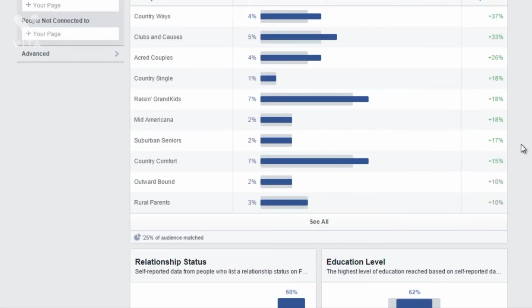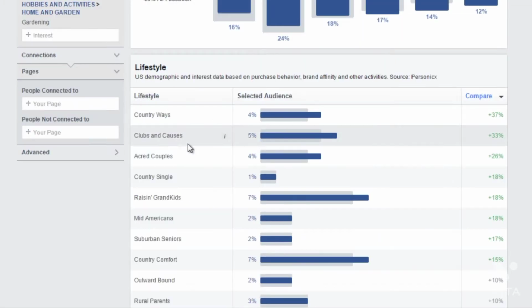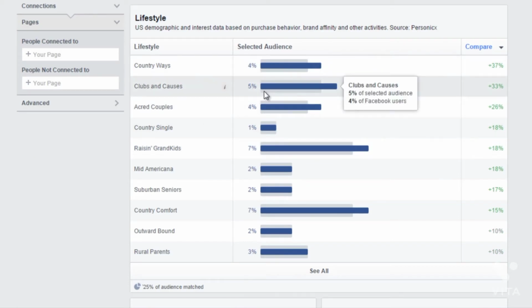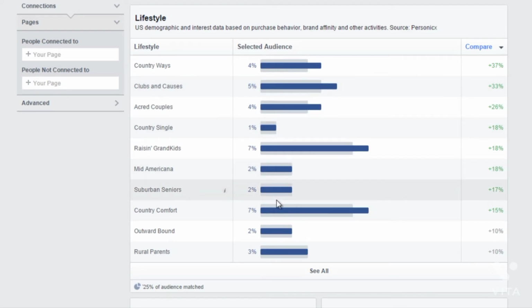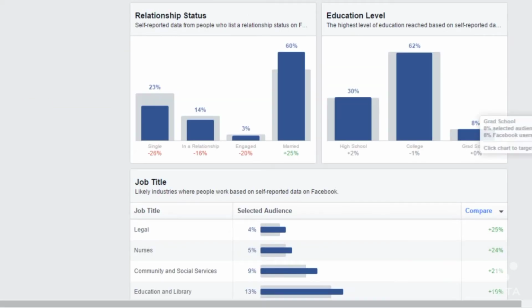Now, we can see lifestyle, which is something amazing here. You can see the U.S. demographics and interest data based on purchase behavior, brand affinity, and other activities. So basically, this is showing us, out of the majority of people, they are interested in gardening, countryways, clubs and causes, sort of nonprofits. So a lot of country type stuff, suburban, country, outward, rural lifestyles.